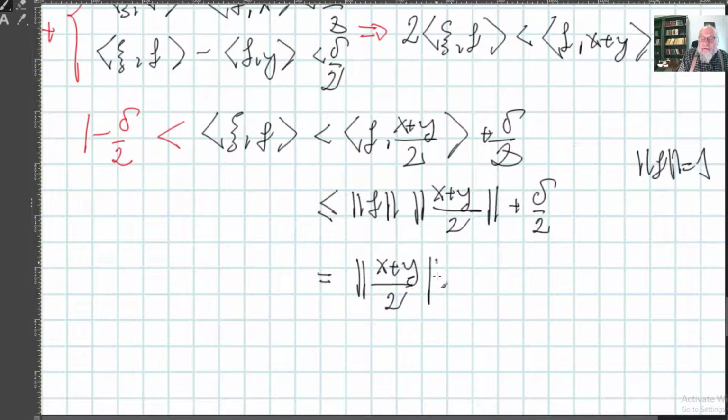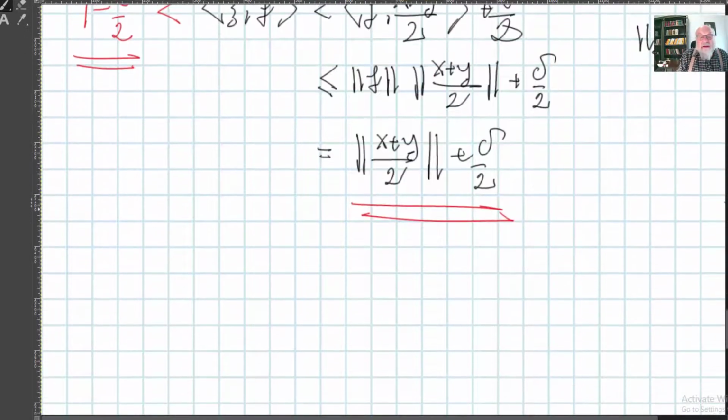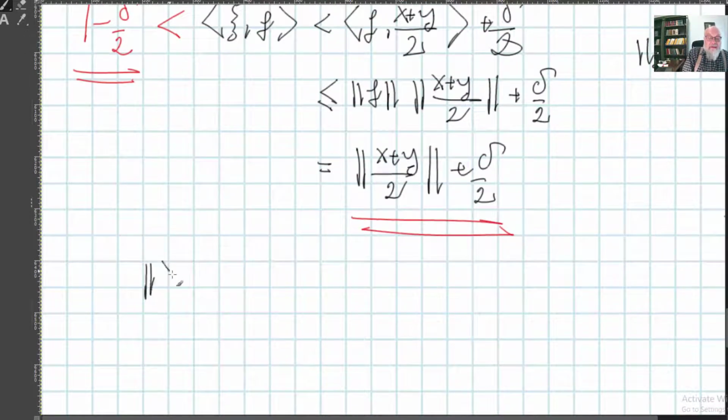We look at these two inequalities, and we obtain in particular that the norm of x plus y over 2 is larger than 1 minus delta.